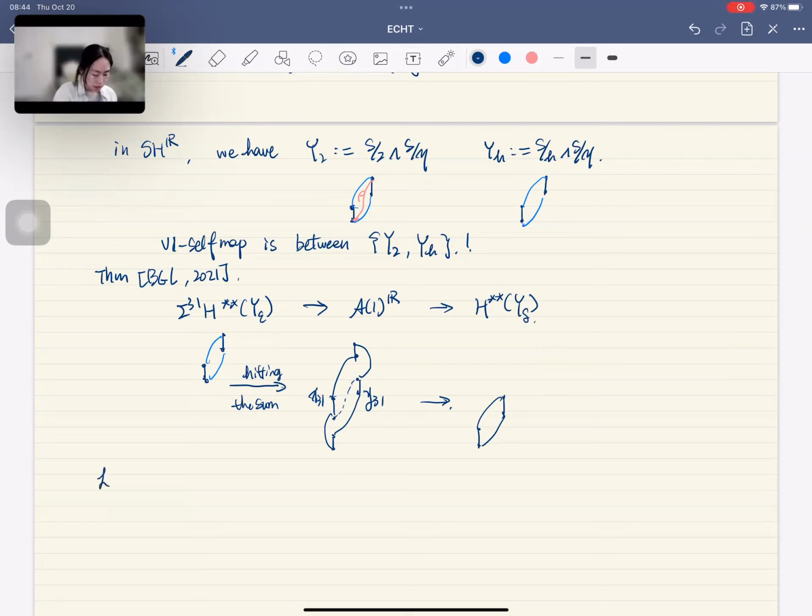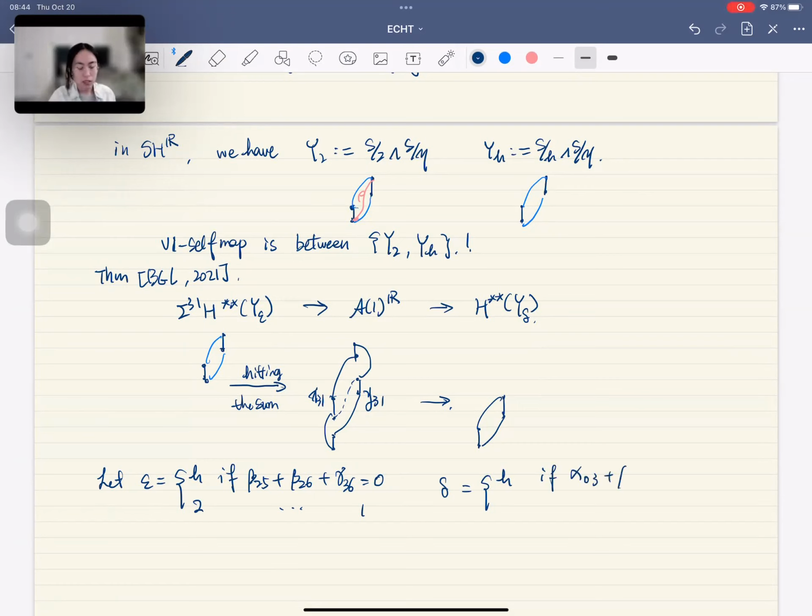So that epsilon is H if beta 2 5 plus beta 2 6 plus gamma 3 6 is 0, and if it's 1, that's 2. And delta is H if alpha 03 plus beta 03 is 0, and 2 if it's 1.